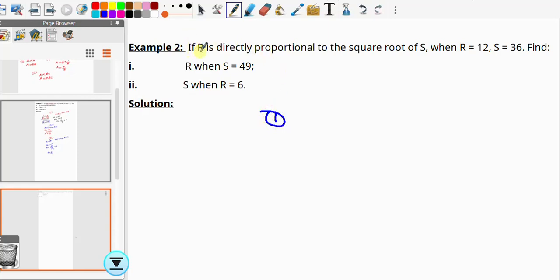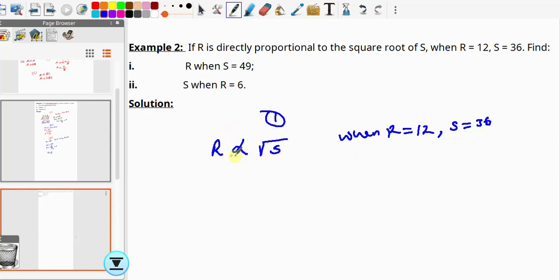You see, if r is directly proportional to the square root of x, right? Here, when r equal 12, x equal 36, right? This is the value given, 36.